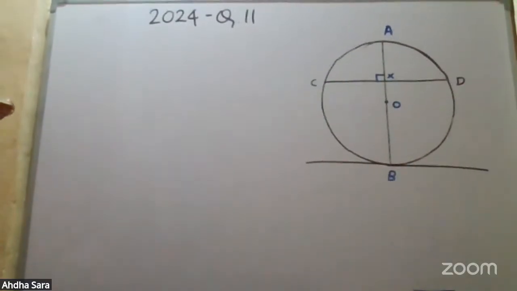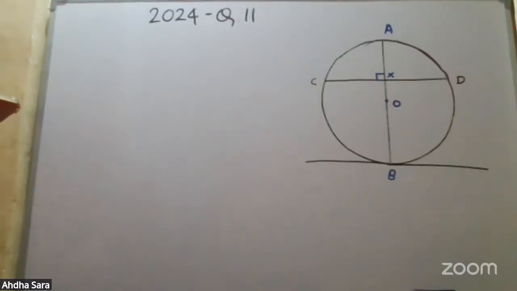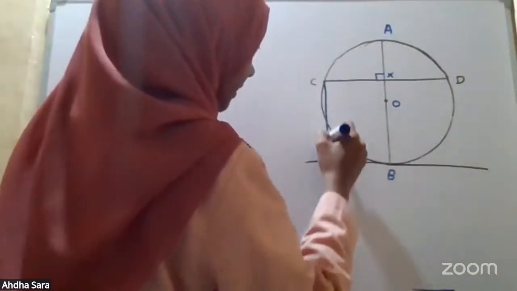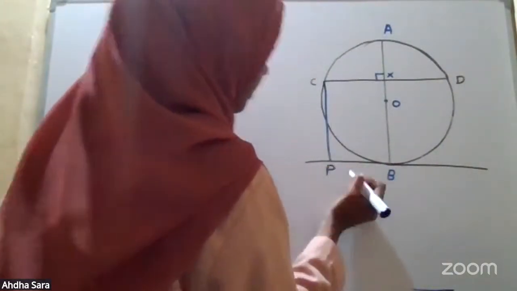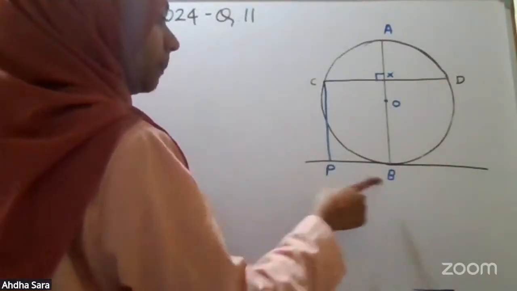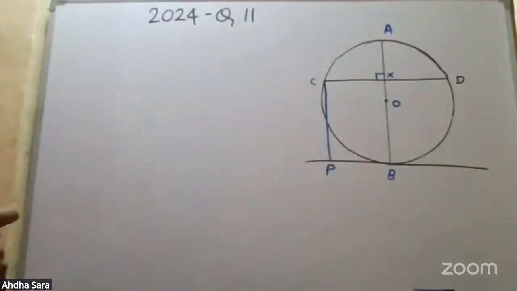Moreover, CP is perpendicular to PAR. They have drawn a straight line CP.